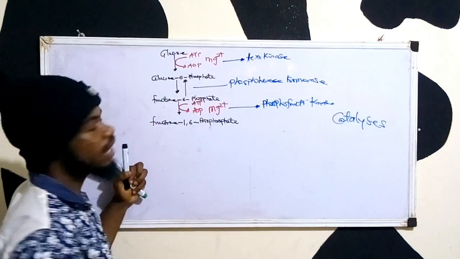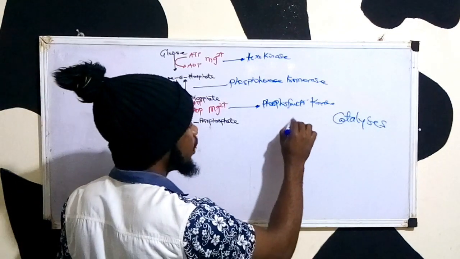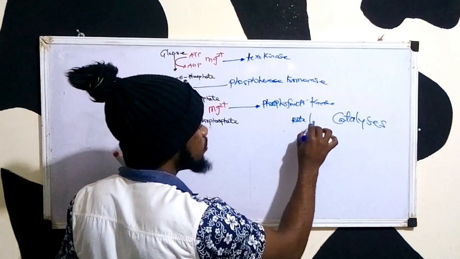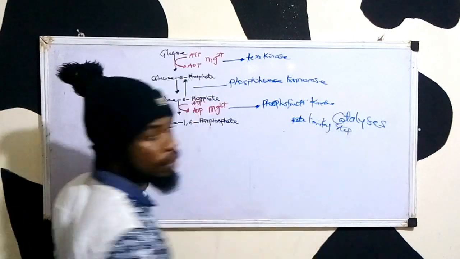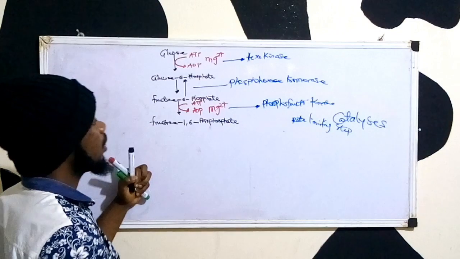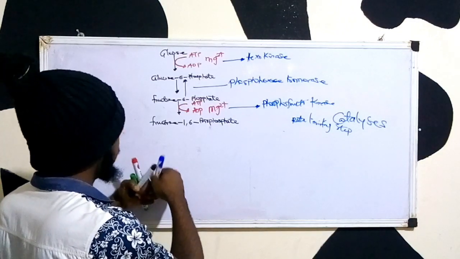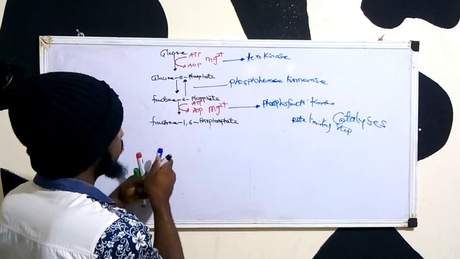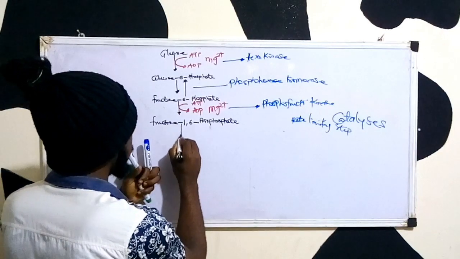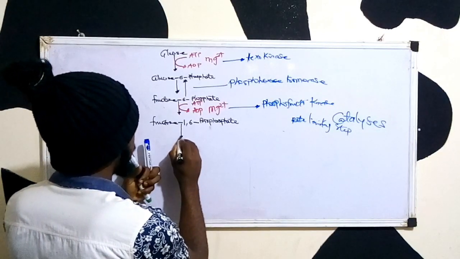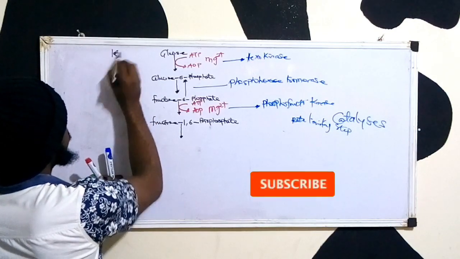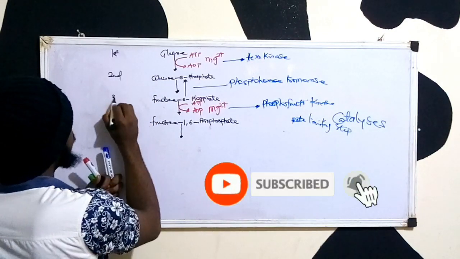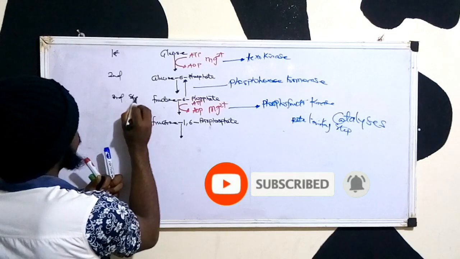This step 3 is actually called the rate limiting step. This is one of the most important steps in glycolysis. Now, the steps continue, and this is the first step, second step, third step.